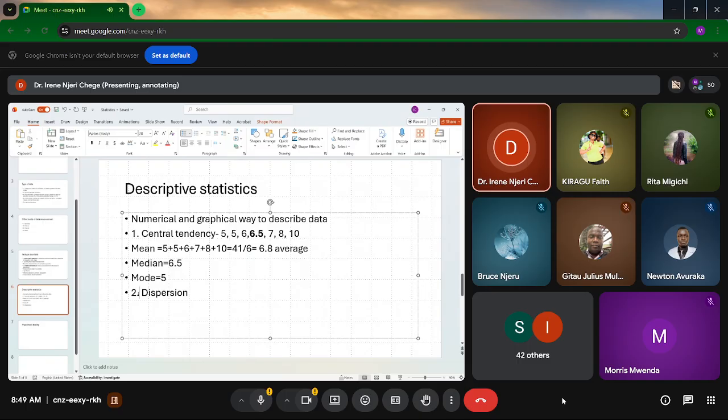So let me start a new PowerPoint. Let me divide this, a new slide. Let me remove my measures of dispersion, and I put my measures of dispersion here. If you go and check your notes, you will see you have actually done this before.